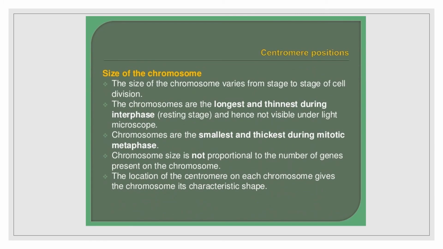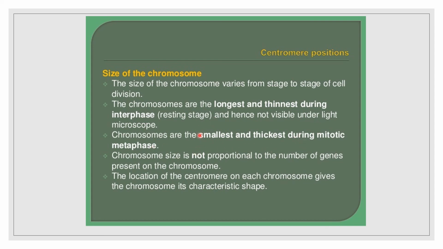Now what is next? Next is the size of the chromosome. The size of the chromosome varies from stage to stage of cell division. Chromosomes are longest and thinnest during interphase, the resting stage, hence they are not visible under a light microscope. While chromosomes are smallest and thickest during mitotic metaphase.